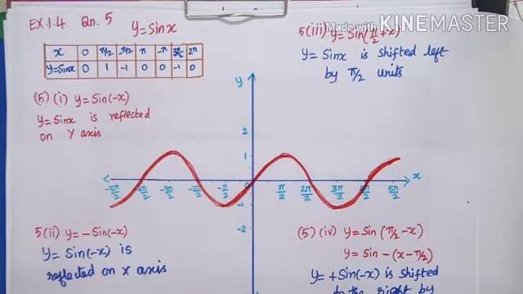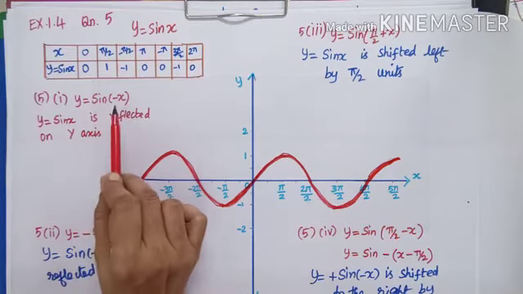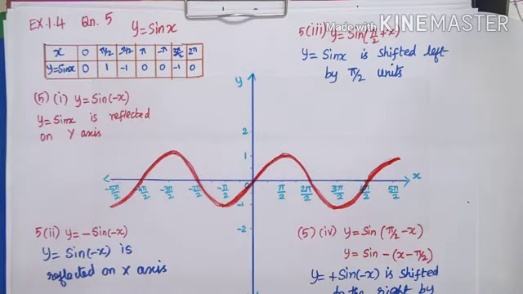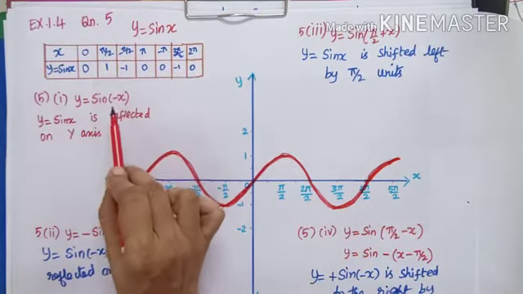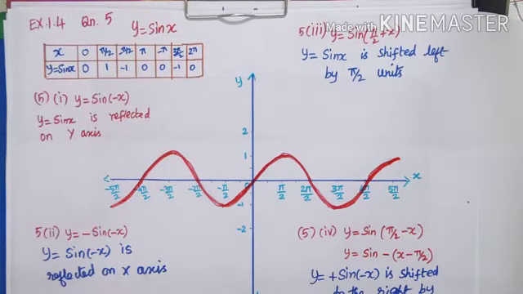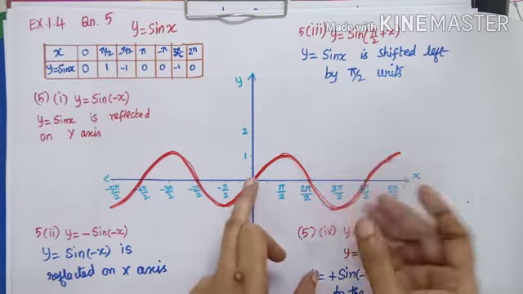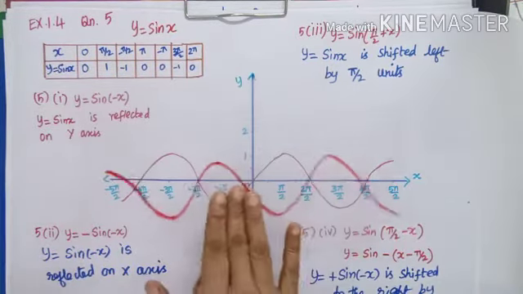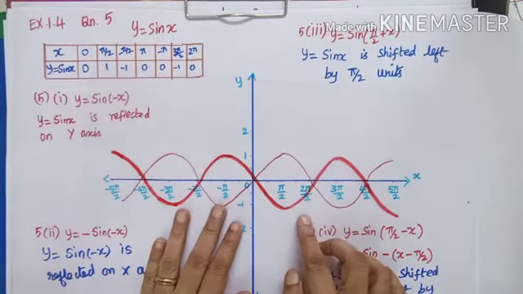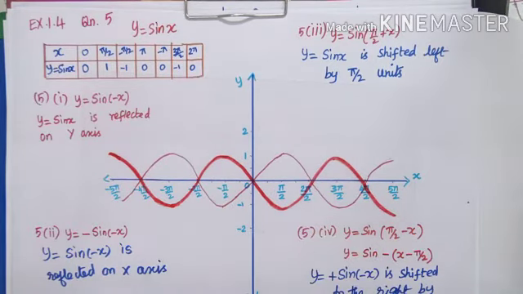What is the question? Sin of minus x. X is changed as minus x tells me it is reflected on y-axis. Reflected on y-axis tells me we just reflect this way. So, see how the diagram goes?